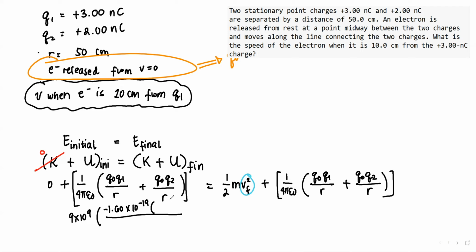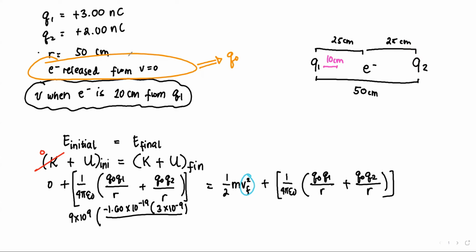Don't forget to multiply Q1, which is 3 times 10 raised to negative 9. This was the diagram, Q1, E, and Q2. 50 cm is 50 times 10 raised to negative 2 m, so that would be 0.5 meter.